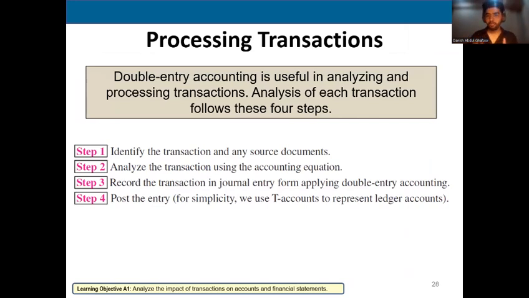Why do we call it double entry system or double entry accounting? Because if one account head is impacted on the debit or credit side, the other account will be impacted on the credit or debit side. Just like if I have paid salaries to my employees, this event has two impacts. First, my cash is going out, my cash is decreasing.